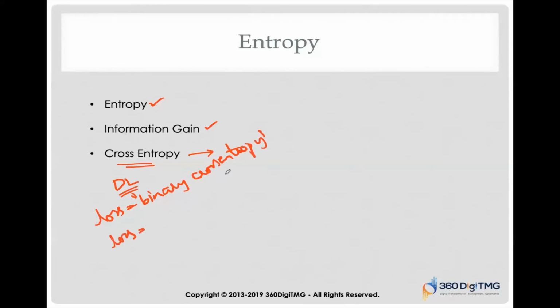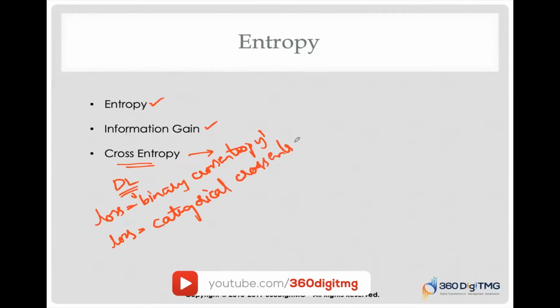When you have a binary output variable, binary classification, then you use binary cross entropy. Otherwise, you use categorical cross entropy.